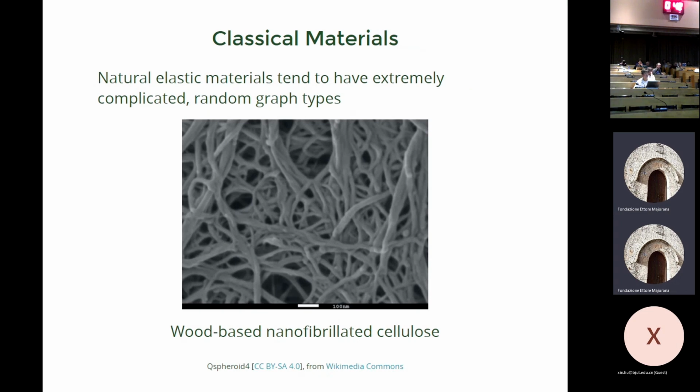Now, classical elasticity, natural elastic materials, think about rubber or elastomers, tend to be very large, very complicated molecules, which you can at least think of as sort of random graphs. So big, complicated, random-ish looking things.